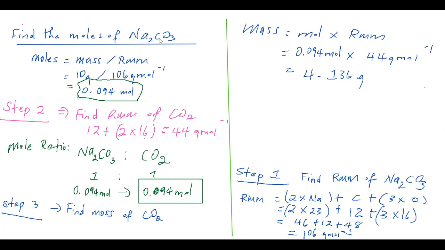So our conclusion would be 10 grams of sodium carbonate would produce 4.136. Let's round it off. 4.2 grams of CO2.